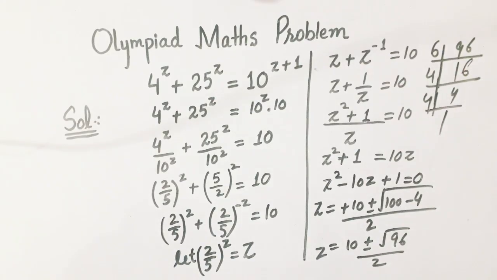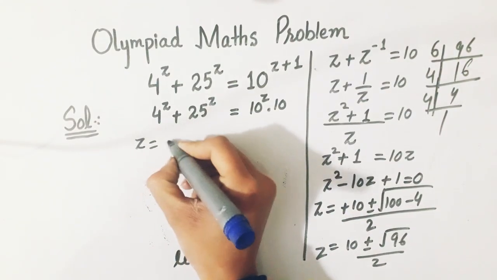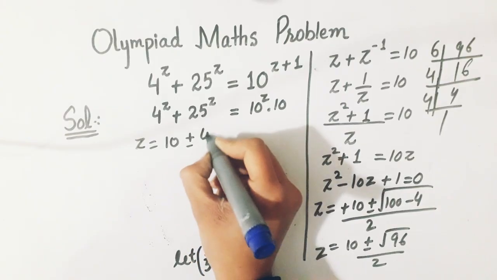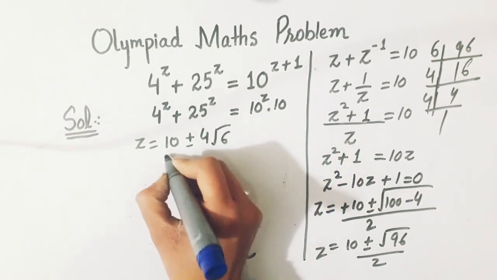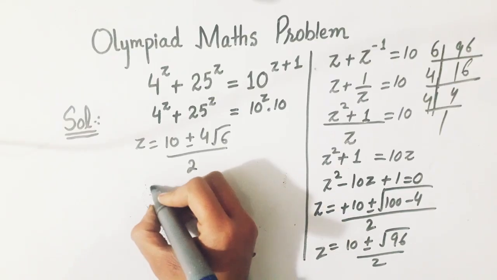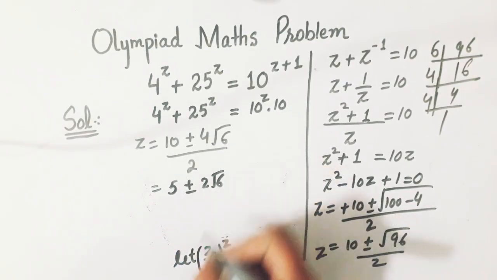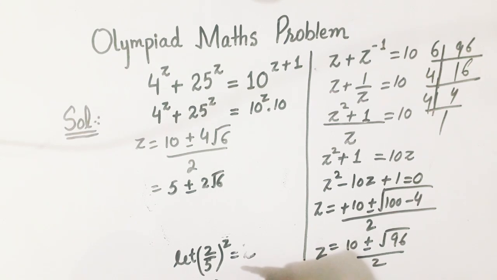So we will write this further here, that Z equals 10 plus minus 4 root 6 divided by 2. That means we have 5 plus minus 2 root 6. So this is the answer that we get.